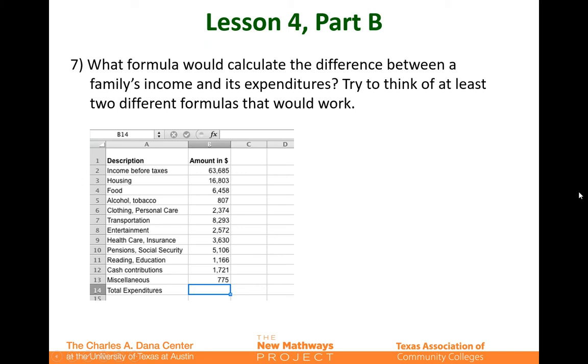What formula would calculate the difference between a family's income and its expenditures? Try to think of at least two different formulas that would work.